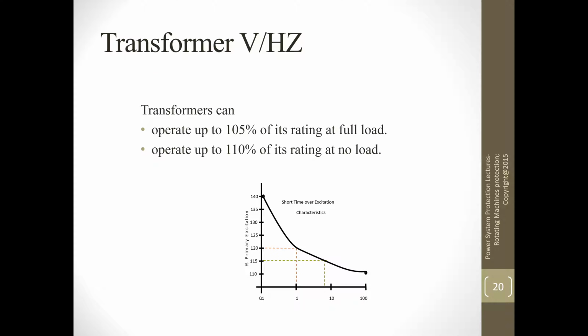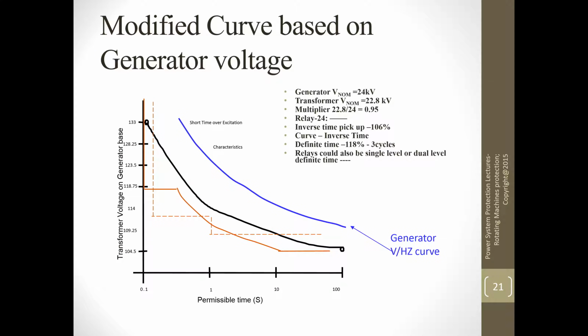If you look at a transformer, the voltage can be at 105% of its nominal rating and we can still push 100% full load. If the voltage increases to 110%, we have to take off all the load and it can be run only at no load. These curves are provided by the manufacturers, and it is important to have them.